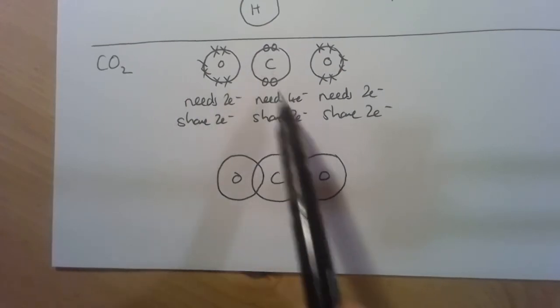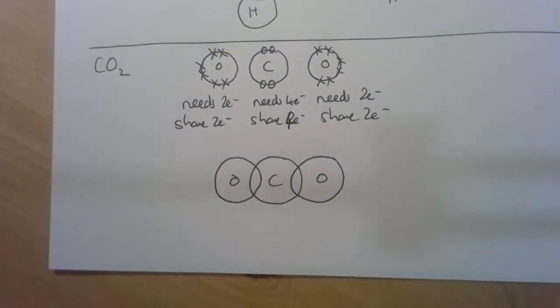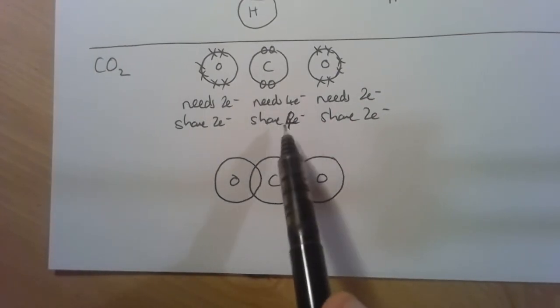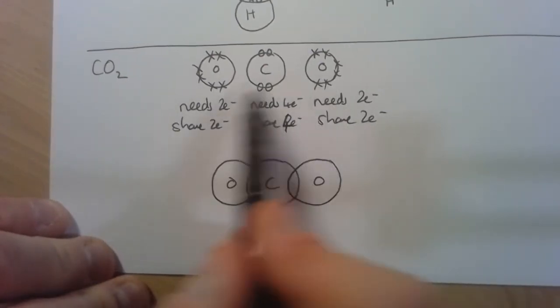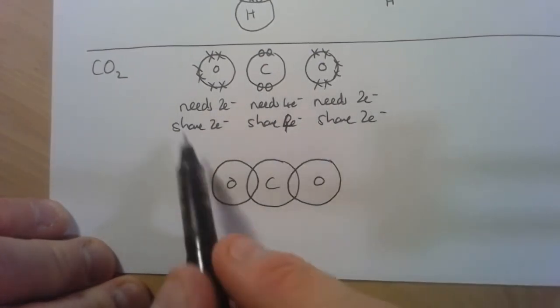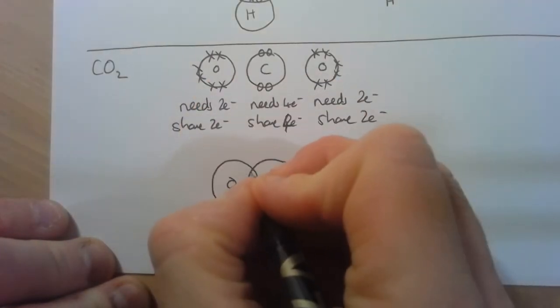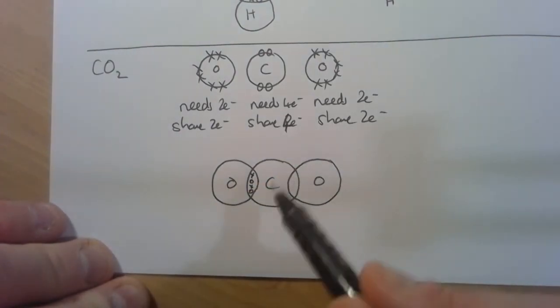If we look at the central carbon atom, sorry, there's a mistake there. That should be share 4 electrons. So this carbon atom here is going to need to share 4 electrons. And because there's 2 oxygens on either side, it's going to share 2 with each, because this oxygen needs to share 2. So this oxygen is going to have to put 2 of its electrons into this overlap region.